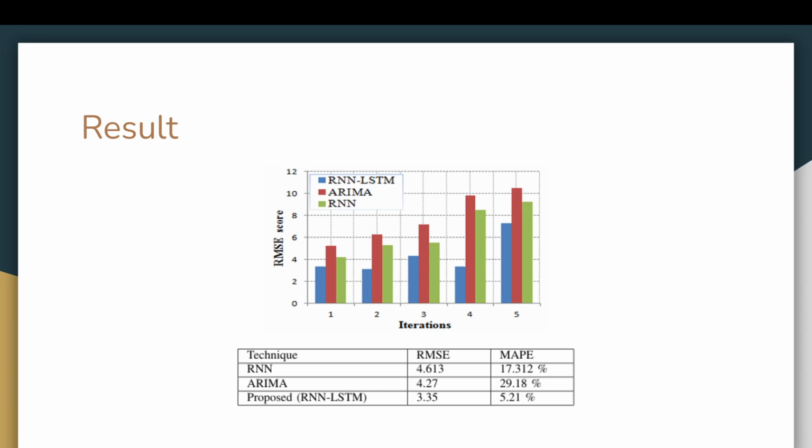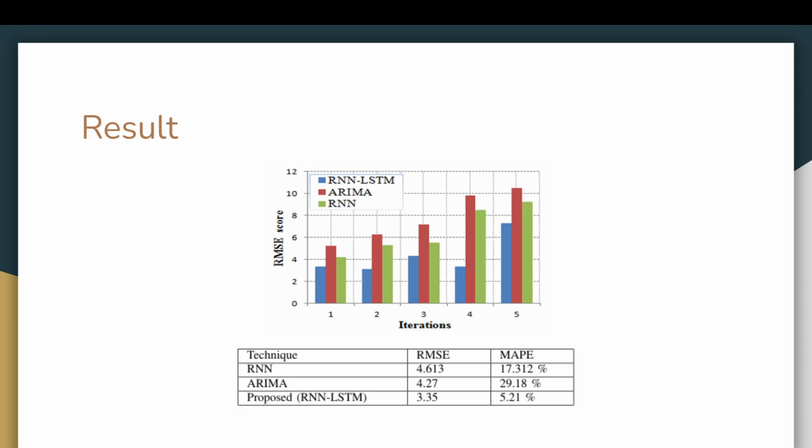In fact, there are not many results written in this paper. In the results, both RNN and LSTM are only run for 50 epochs. As can be seen from the figure, no matter which iteration it is in, the RMSE score of LSTM is the lowest.